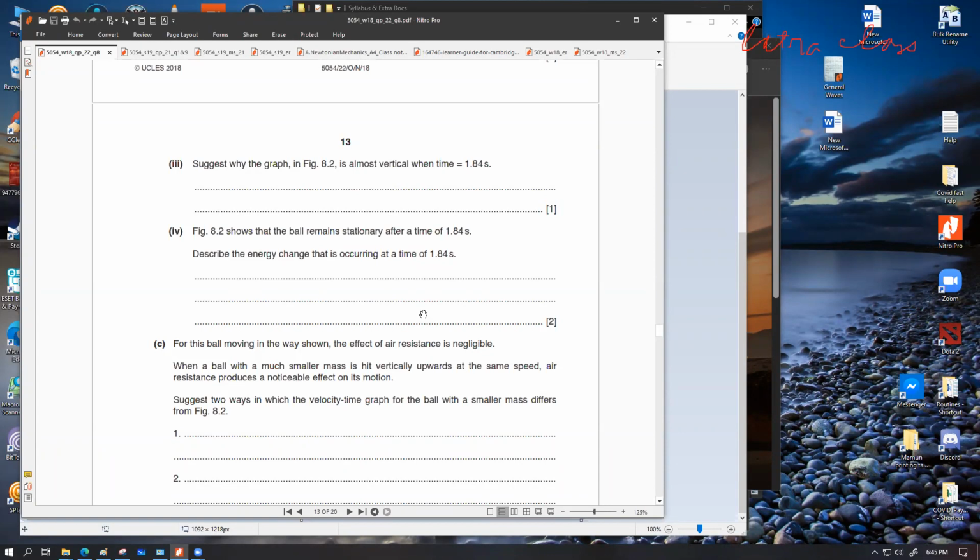After the collision, the kinetic energy would be gone, which means it has to convert into some other form, or at least travel out from the ball and eventually go into something else, so that the ball can come to rest, because that's what the graph is showing us. So that's what we're going to elaborate in our own words.